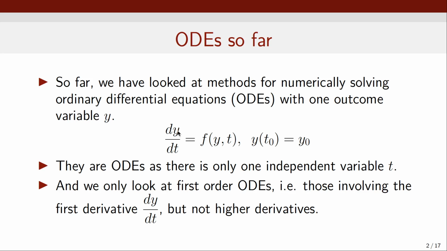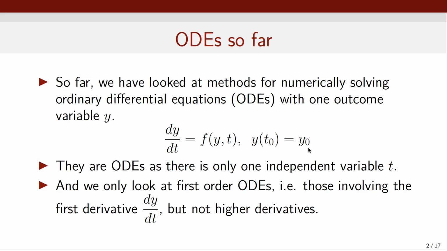And the ODEs we're solving are of the form dy/dt equals some function that depends on y of t, but may also depend on t explicitly. And we solve that equation given some initial data, y of t0 equals y0. Now, we only looked at first order ODEs so far.